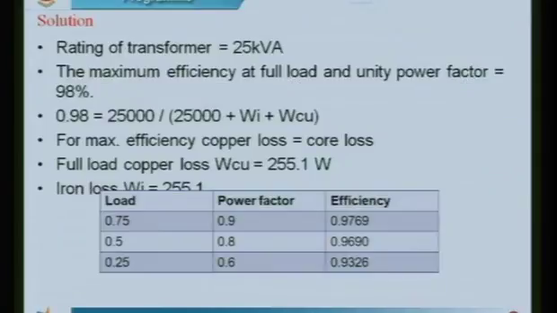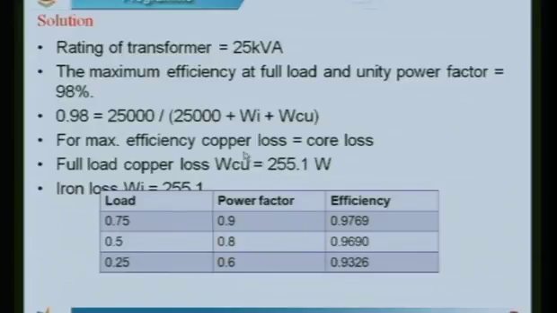Just see the problem here, I mentioned that for maximum efficiency copper loss is equal to core loss. So in this equation I substitute Wcu equal to Wi and evaluate the losses. I will get the full load copper loss as 251.51 and the iron loss also equal to this.